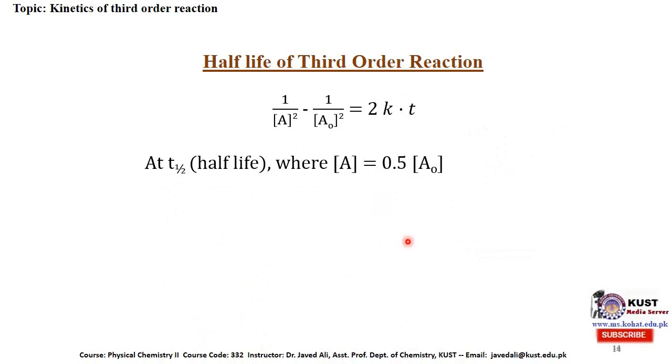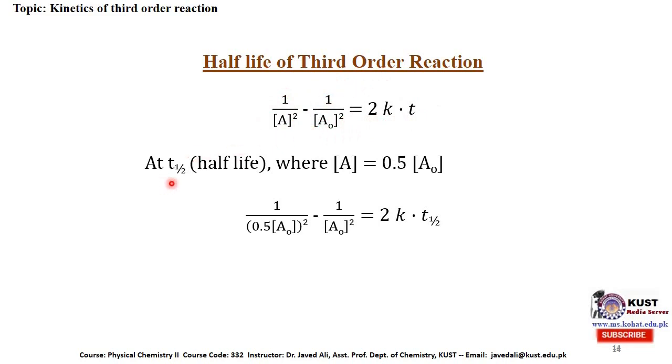Half-life of third order reaction. First of all, what is half-life? Half-life is the time required for the reactant to reach half of its original concentration. So as we know, 1 divided by a square minus 1 divided by a naught square is equal to 2kt. This is the equation of third order kinetics.